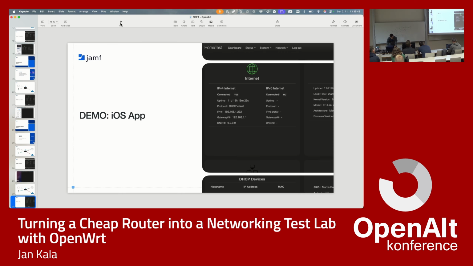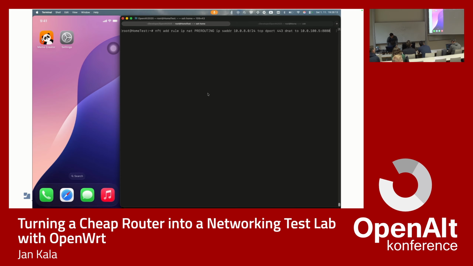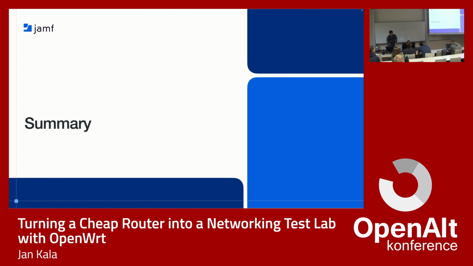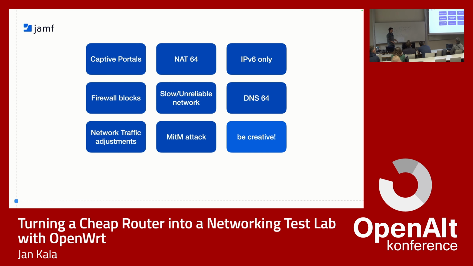So let's get back to our presentation, because this gets us to the summary of the talk. So far, we were able to identify some of these conditions on the network. You will find networks with captive portals and firewall blocks, some networks that do NAT64 with DNS64, then slow, unreliable networks that you can also mimic with the device.